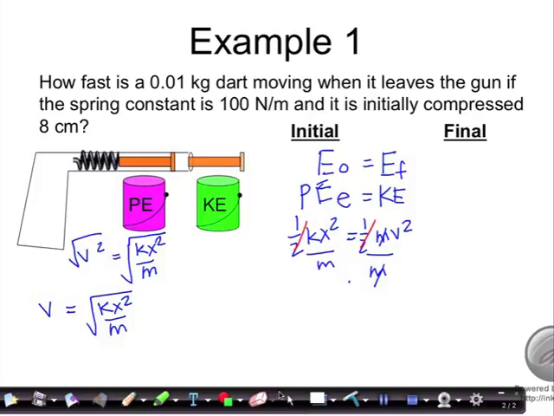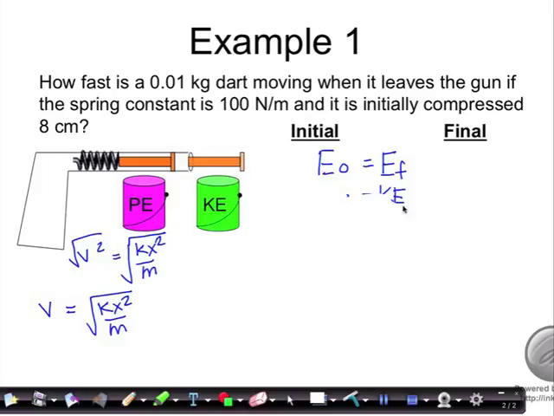Now if we plug in our values, let's clear the screen a little bit. Okay, if we go ahead and plug in our values, we get the square root of, our k value is 100 Newtons per meter.